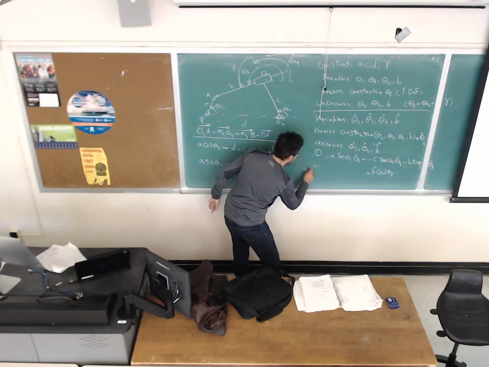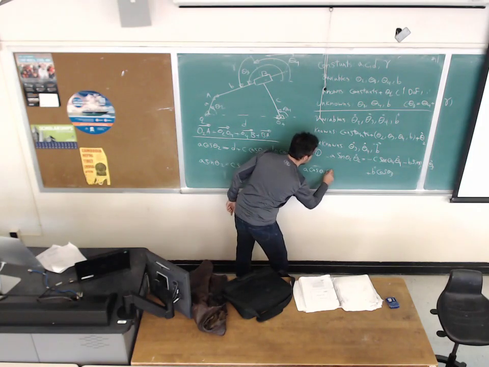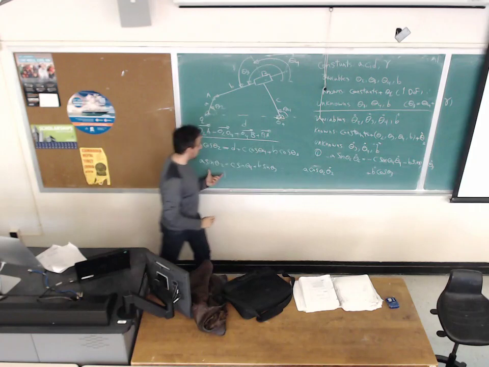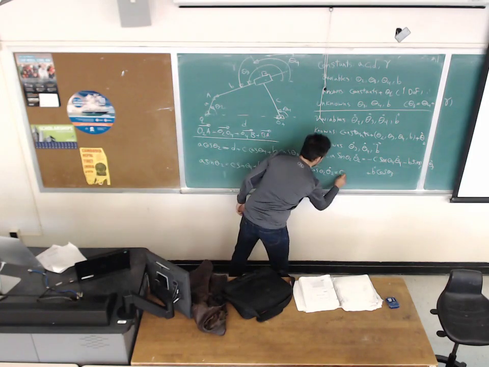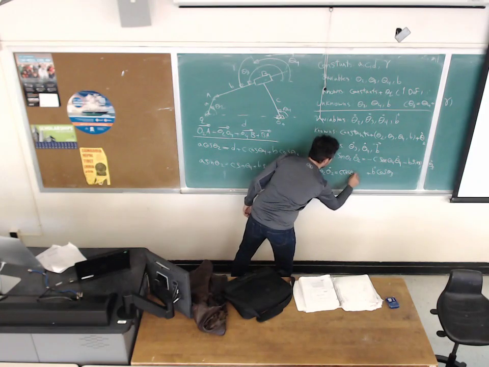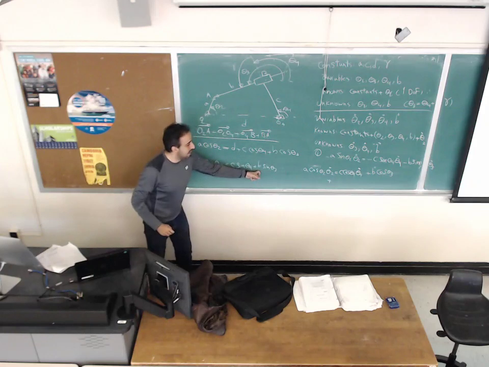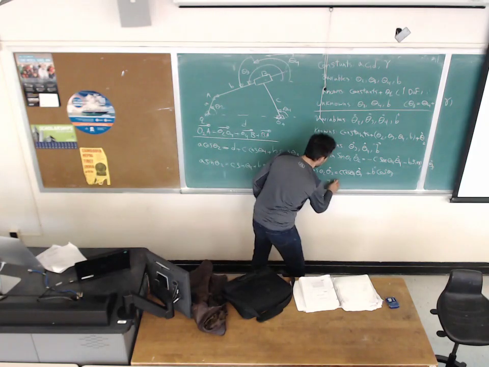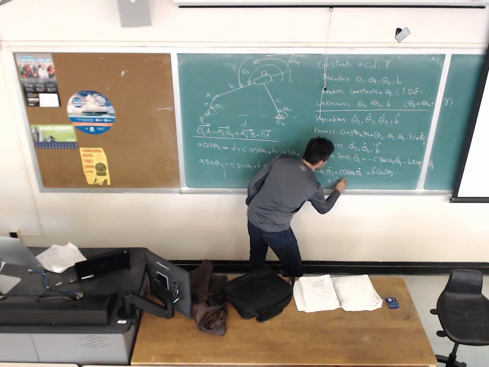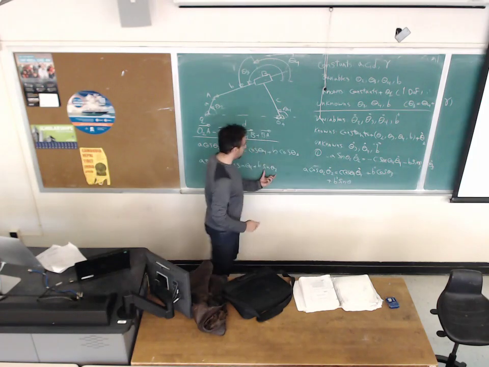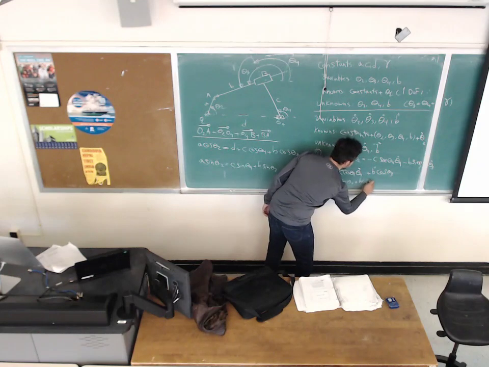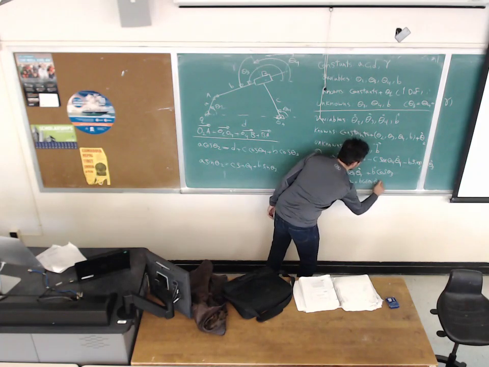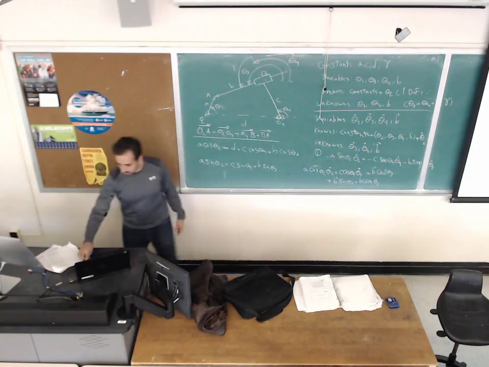It's going to be a cosine of theta 2, theta dot 2, left side. c is constant. c cosine of theta 4, theta dot 4, plus b is varying: b dot sine of theta 3 plus b cosine of theta 3, theta dot 3. I already have that.